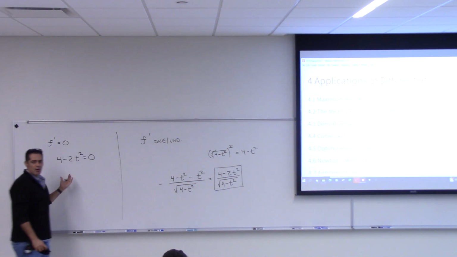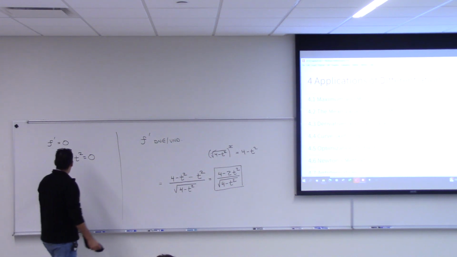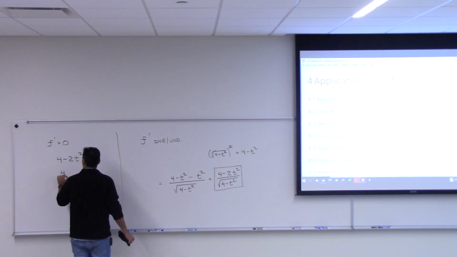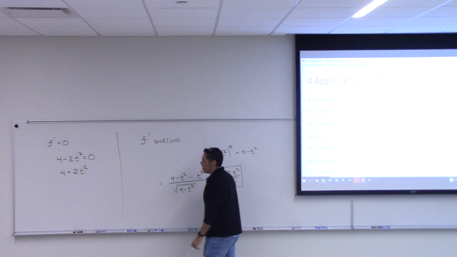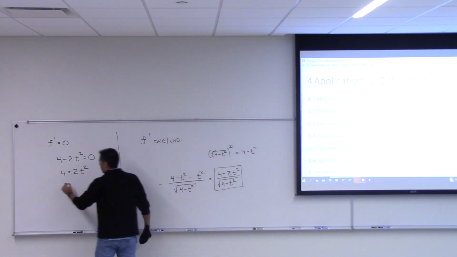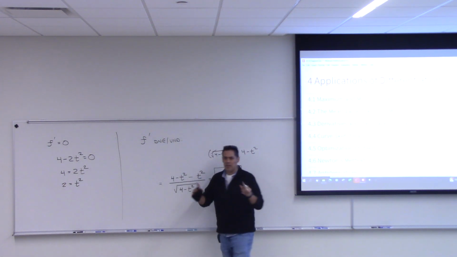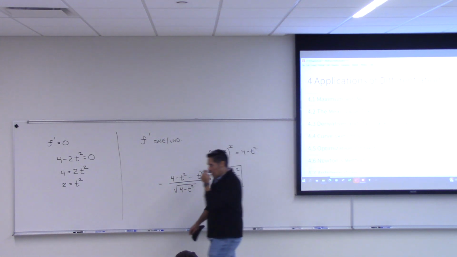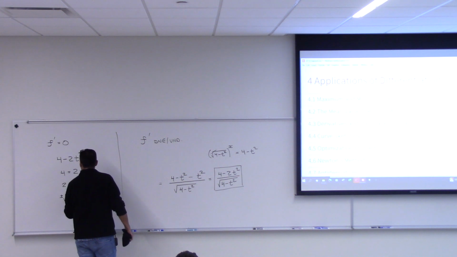And that's just a little quadratic equation. You can solve this various ways. If it were me, I'd maybe take the 2t squared off to the right side, add it to both sides, divide by 2. T squared has to be 2, and then take the square root on both sides. If I take the square root on both sides, I'm going to have plus or minus square root of 2 equals t.